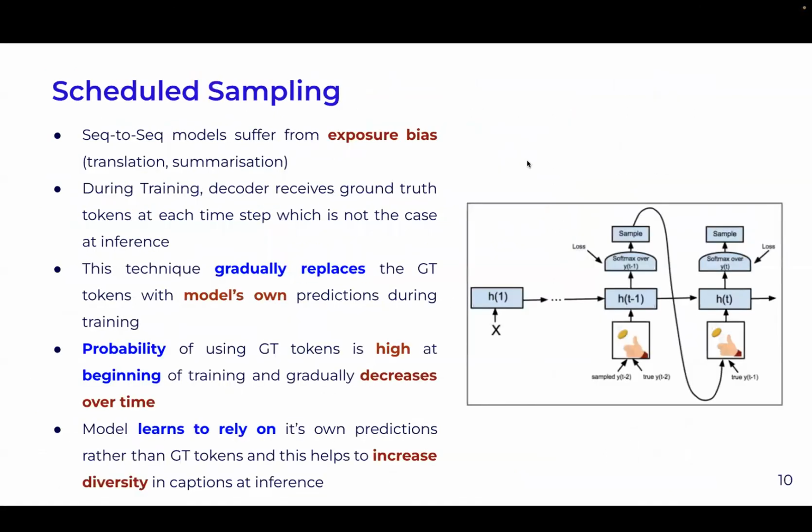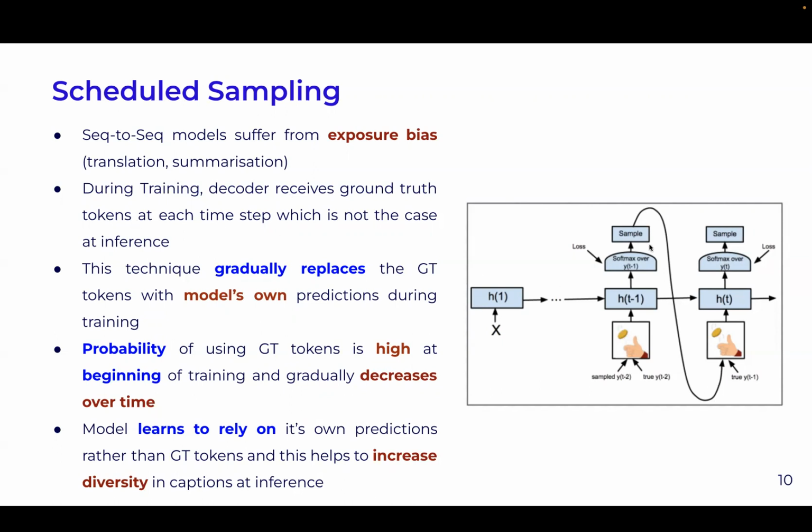Coming to one more concept, that is scheduled sampling. Sequence to sequence models suffer from exposure bias. Translation, summarization, even autocomplete, and also image captioning are all sequence to sequence models. During training, we give the decoder the ground truth tokens at each and every time step in order to calculate the loss function.